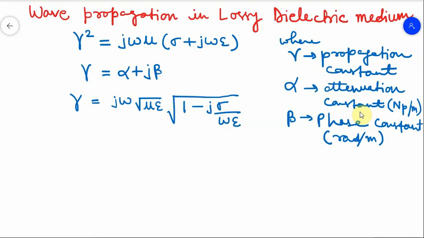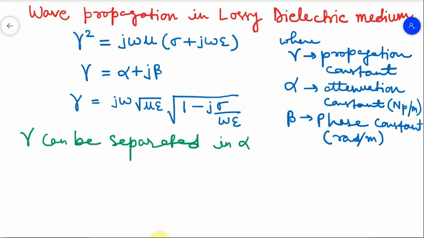Now this gamma can be separated into alpha and beta, meaning real and imaginary terms.